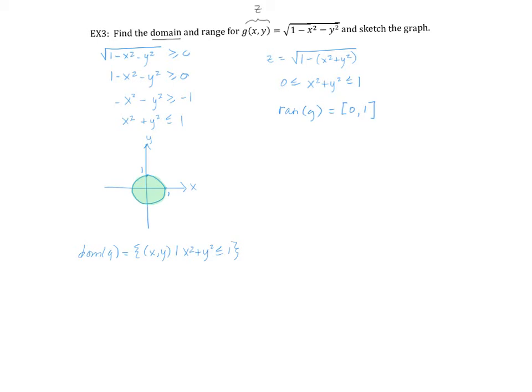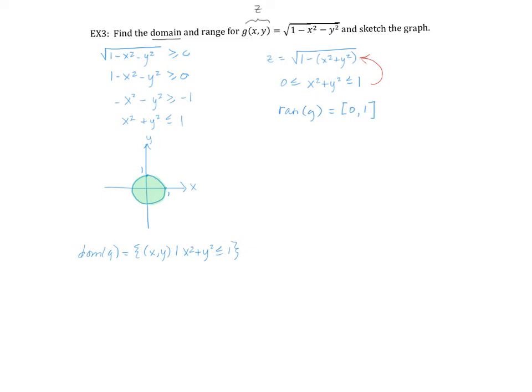Notice when I write my range for my function g, I'm not writing ordered pairs because the range is simply a z value. It's a single value. And since my x squared plus y squared is going to go between 0 and 1, I'm putting those values into my function.